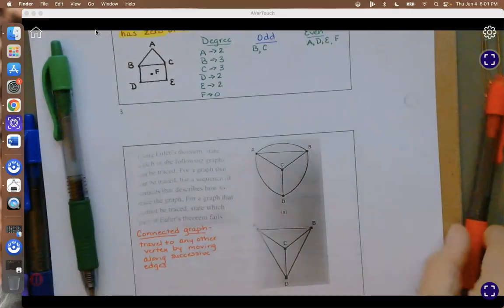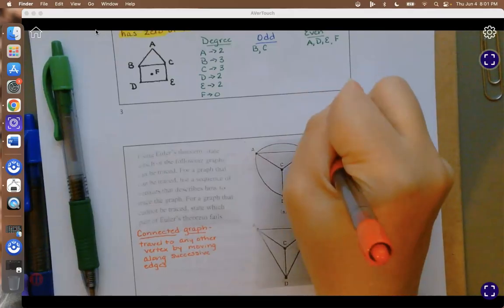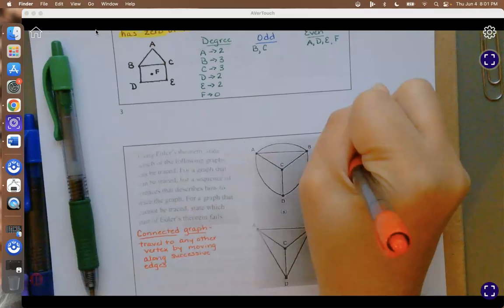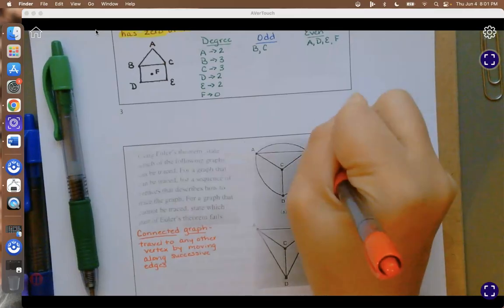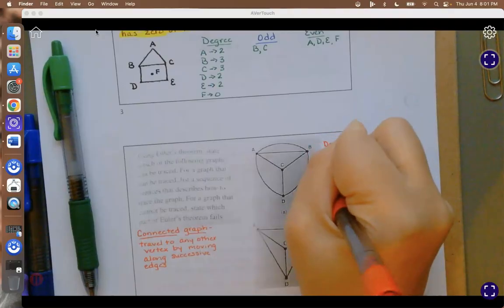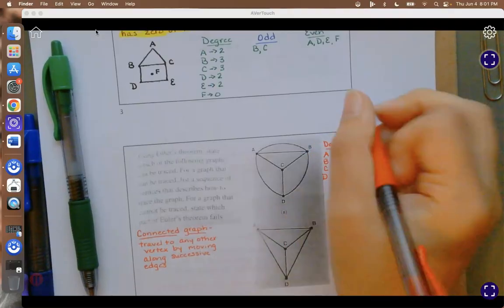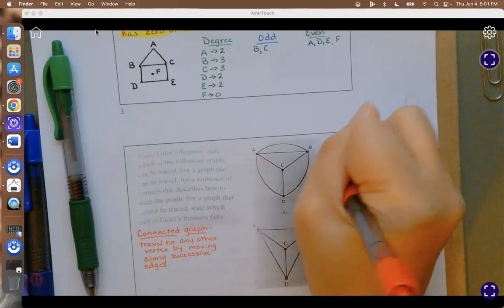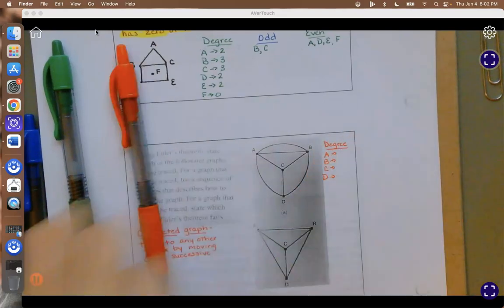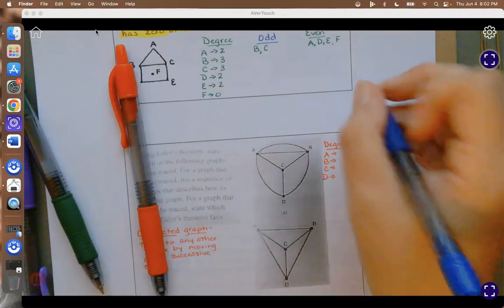Now, is the graph connected? Yes. Okay, there are no random points hanging out there. So, are there 0 or 2 odds?